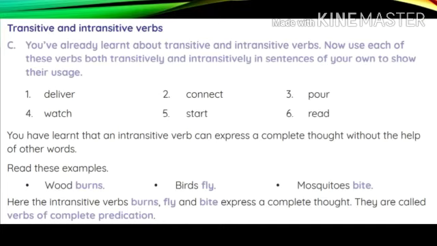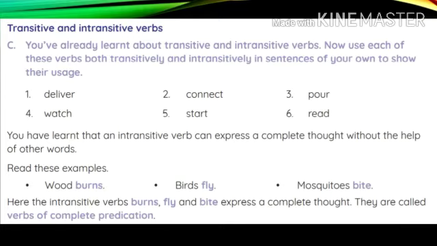Now use each of these verbs both transitively and intransitively in sentences of your own to show their usage. So here what we need to do is use these six words both transitively and also intransitively: deliver, connect, pour, watch, start, and read. See here, you have learned that an intransitive verb can express a complete thought without the help of other words, isn't it?